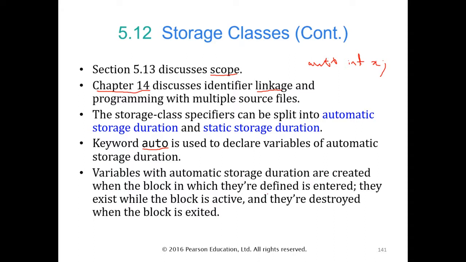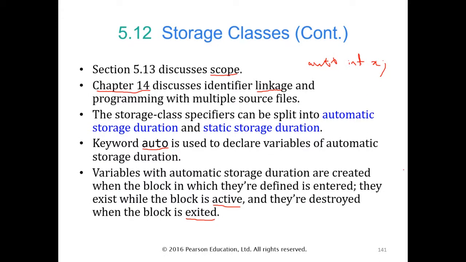Now, what do we mean by variables with automatic storage duration? Variables with automatic storage duration are created when the block in which they are defined is entered. They exist while the block is active, and they are destroyed when the block is exited, right?